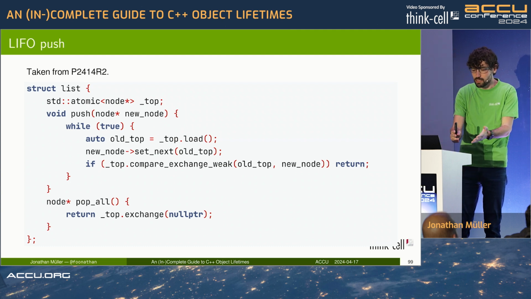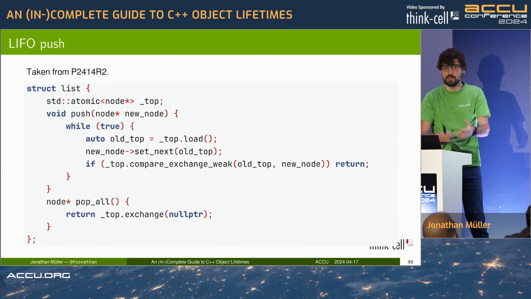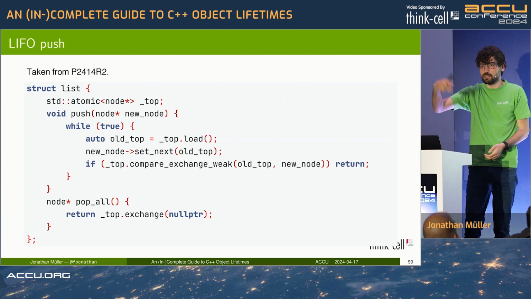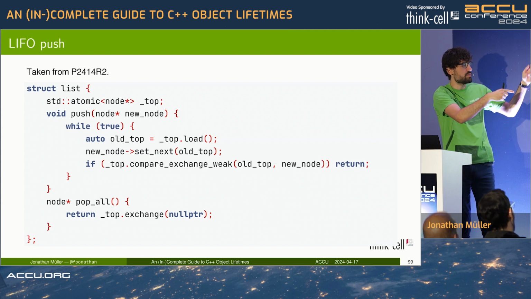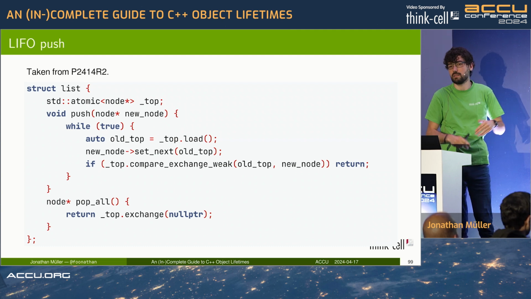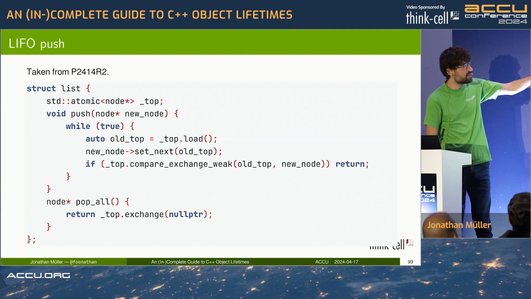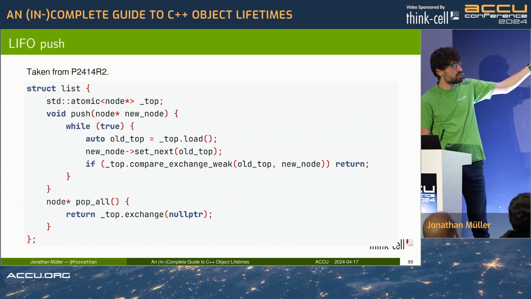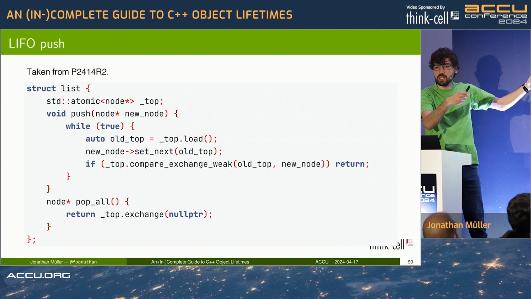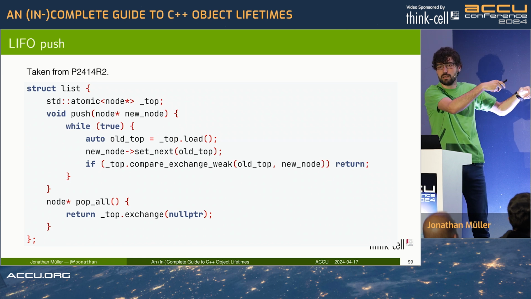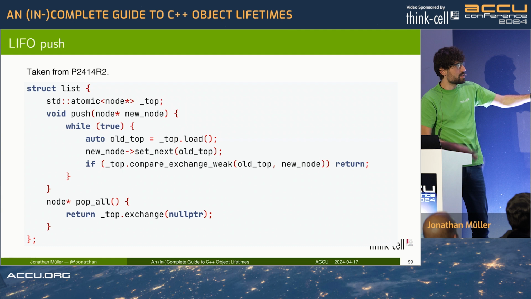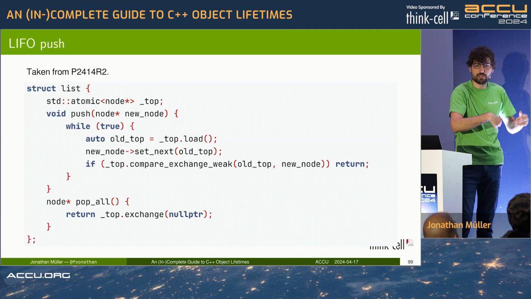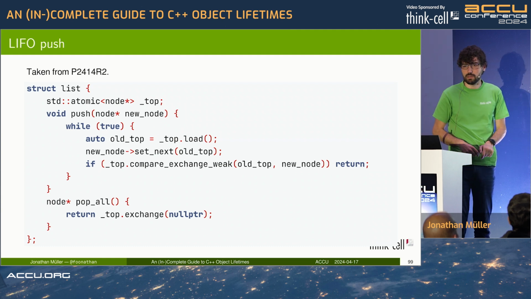And then we've got a push function, which gets the current top, sets the node's next pointer to the current top, and then we're doing a compare exchange loop until we finally manage to correctly set it. If in the time between getting the top and setting it, some other thread has changed the top, we have to try again until we correctly set it. And then we've got pop all, which simply sets top to null and returns the entire list to some thread to do whatever it wants with it.